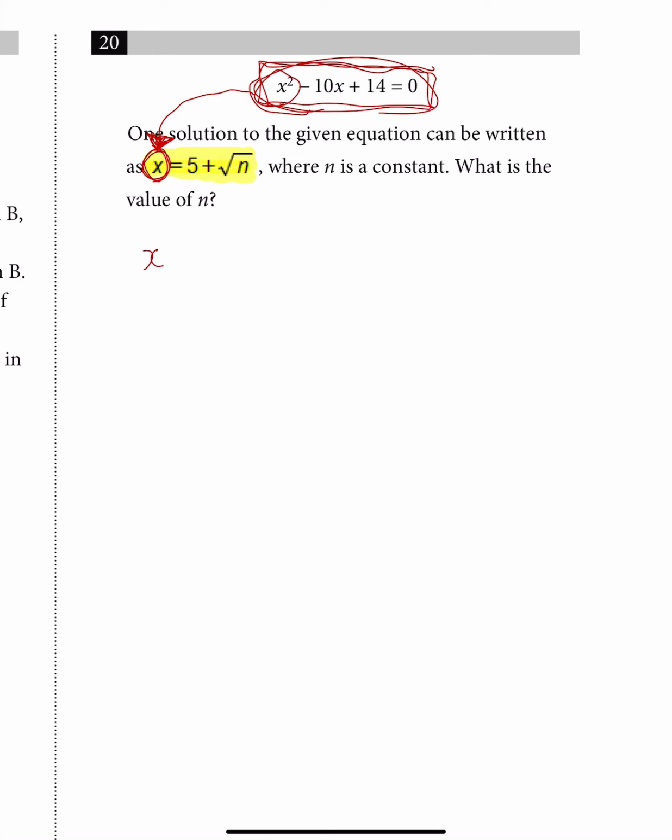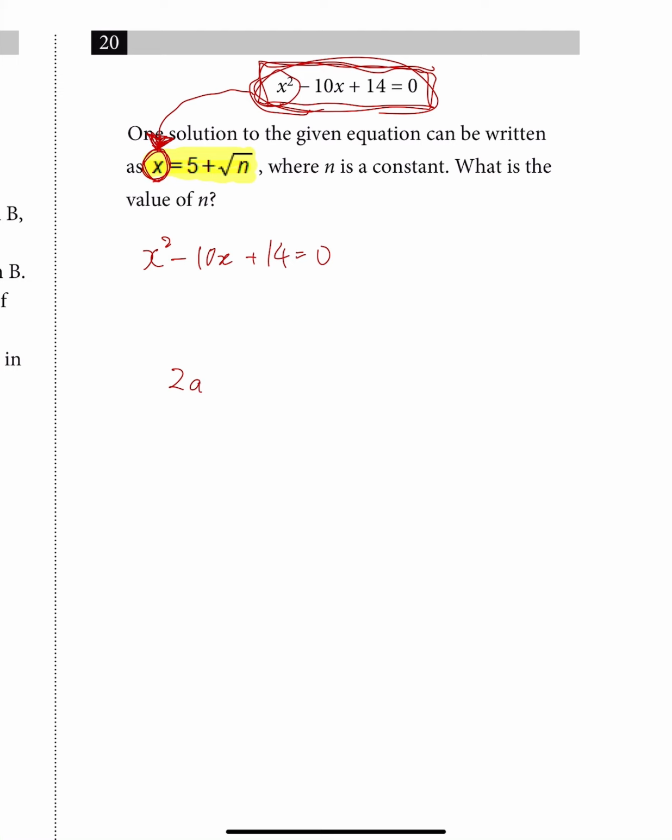So we have x squared minus 10x plus 11 equals 0. How do you find the x? Since we cannot find the x directly, we can use the quadratic formula.